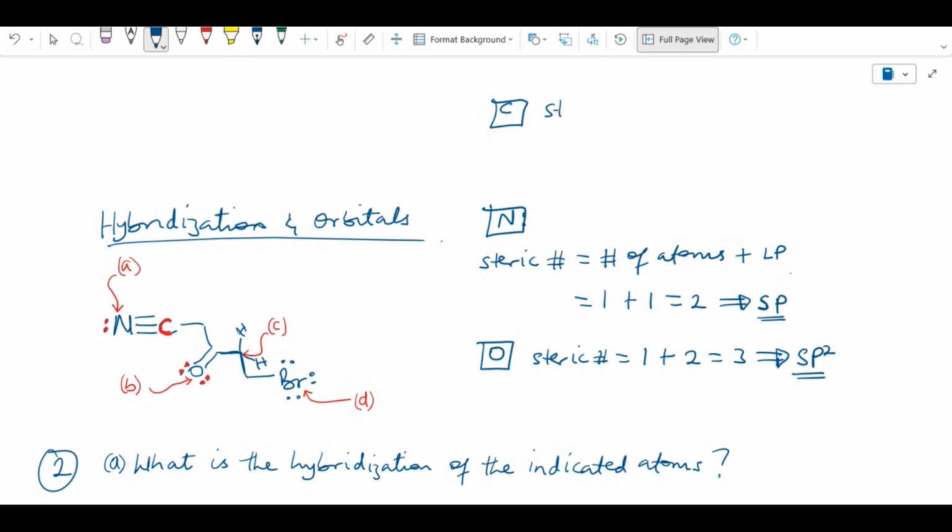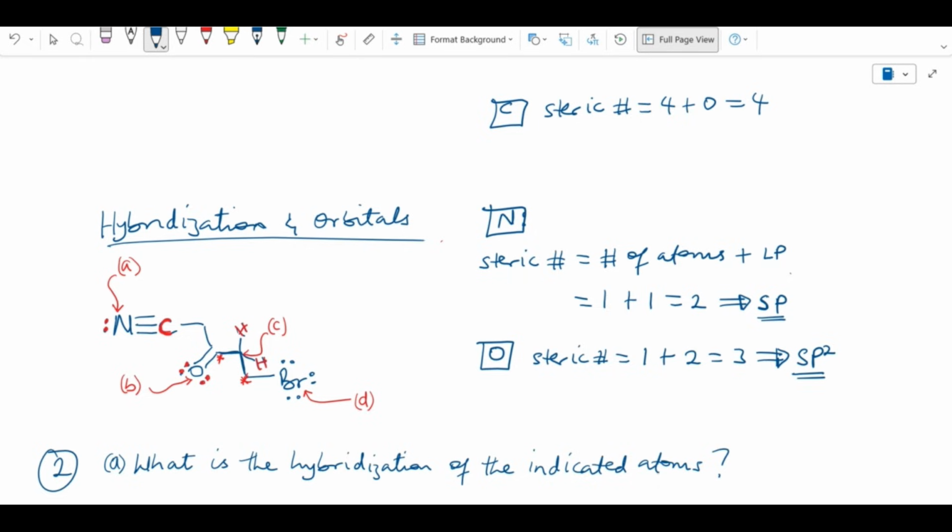So the steric number in this case is going to be the number of atoms attached to that central carbon atom plus the number of lone pairs. The atoms attached are 1, 2, 3, and another carbon, 4. So we have 4 plus, it doesn't have any lone pair, so 0, which is equal to 4.